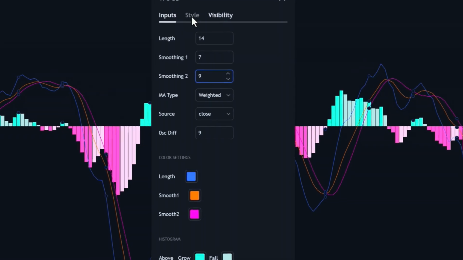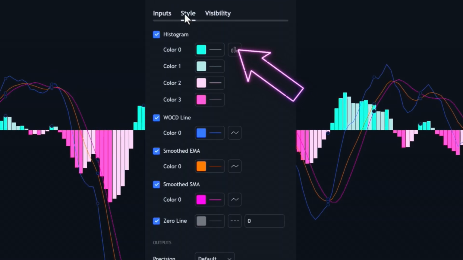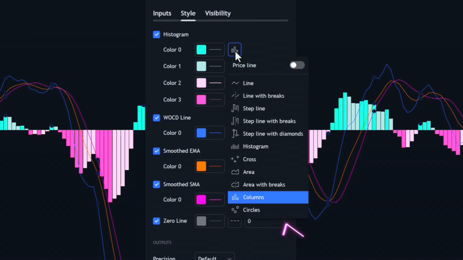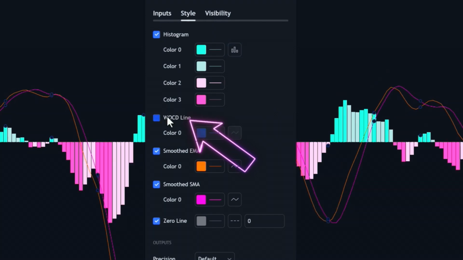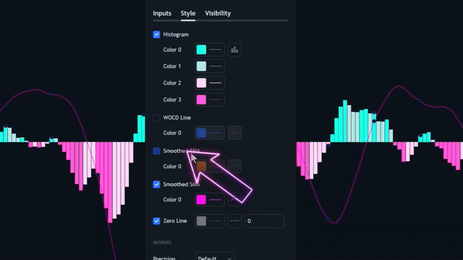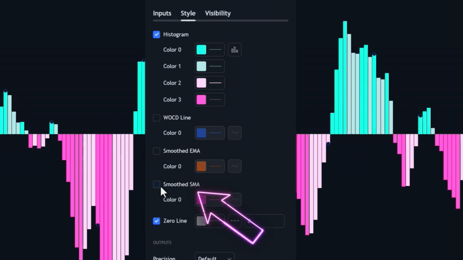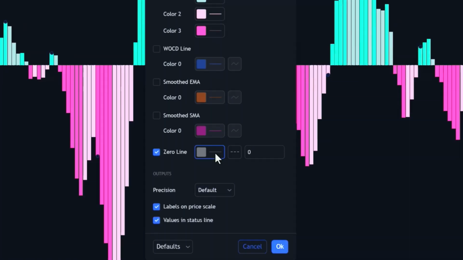Next, head over to the Style tab. Set the histogram option to columns. And disable the WOCD line, a smoothed EMA, and a smoothed SMA. Finally, you can change the color and thickness of the zero line to your preferences.